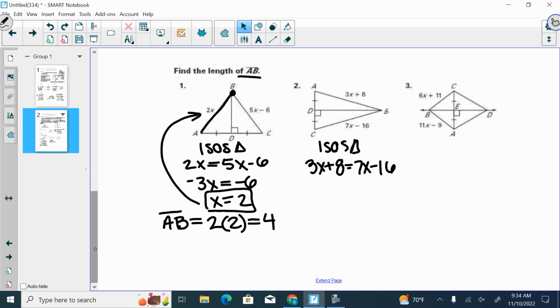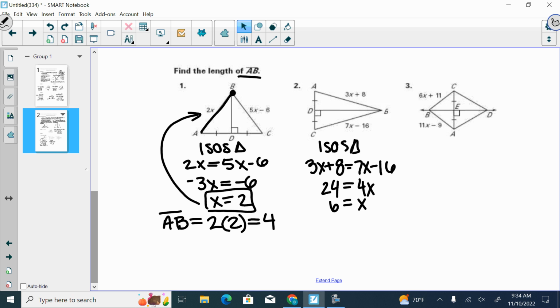What am I going to move first? The 3x, okay. So then I would have 4x over here. Then what else do I need to move? Add 16. What is 8 plus 16? What did we say? Good. All right. So what is x?